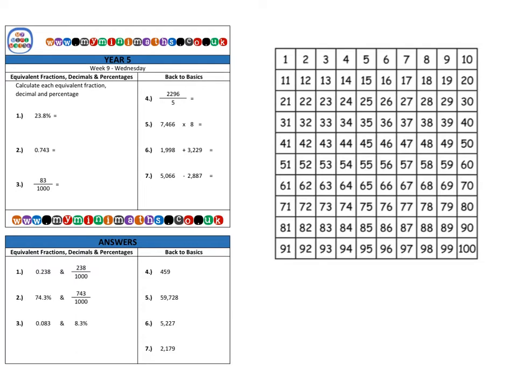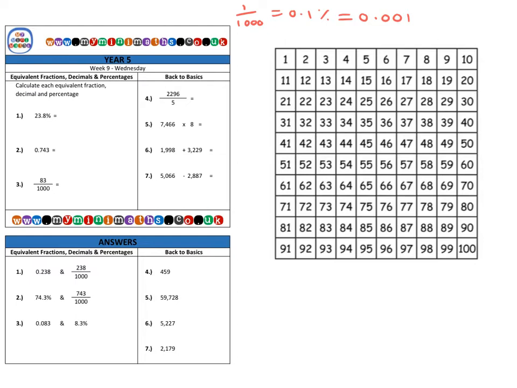So I think it's a good idea if we just make a little note of that up at the top to remind us of these key facts. So 1/1000th is the same as saying 0.1%. So it's like taking a percentage and chopping it up into 10 equal parts. And it's the same as saying 0.001 as a decimal.